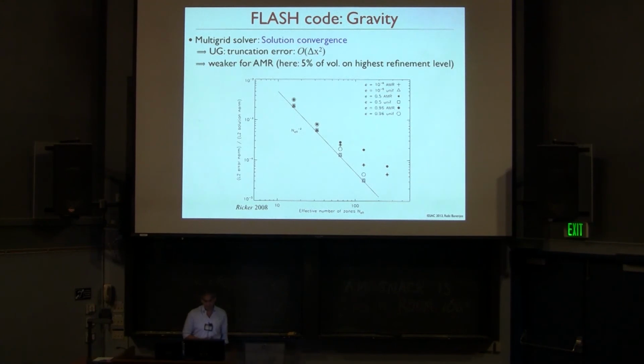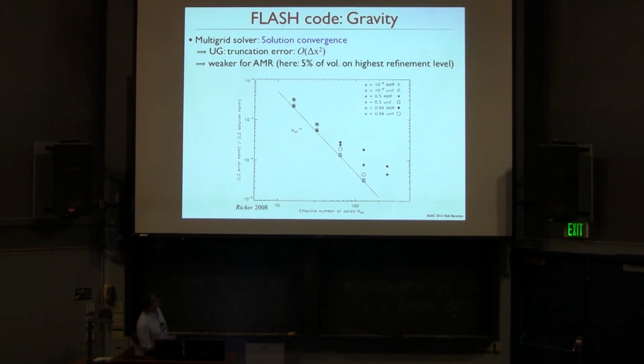So it does exactly what it should do. If you use AMR, your scaling becomes not as perfect anymore, because you get some errors by the different boundaries between the different size blocks.